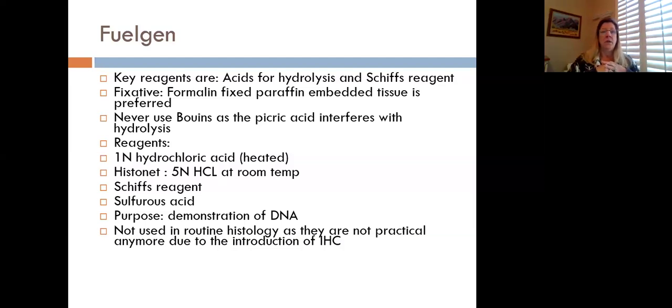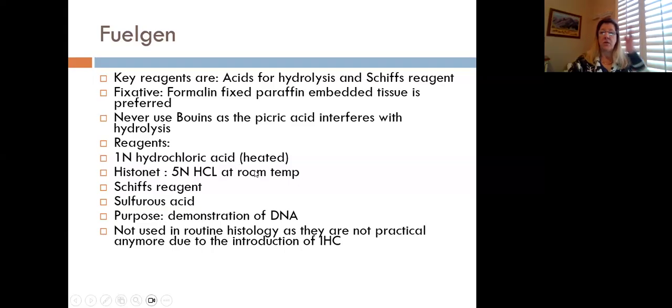It's been proven that you can use a 5 normal hydrochloric acid at room temperature and it works just the same as a heated 1 normal hydrochloric acid. So if you're ever running this stain, do it with a 5 normal hydrochloric.